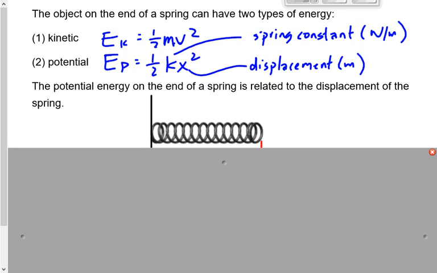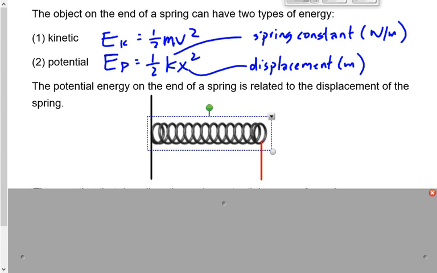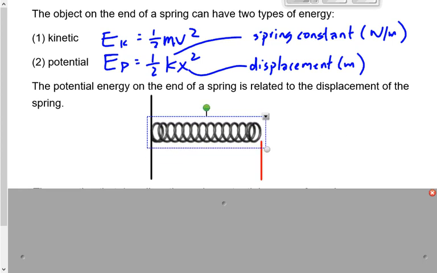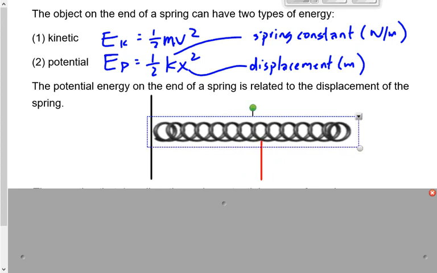Now, let's take a look at that little diagram we have of that spring vibrating back and forth again for a second here. You see this sentence that says the potential energy is related to the displacement of the spring. Of course it is. The equation is 1/2 kx squared. Right now, the potential energy of this spring is 0. When I stretch it a little bit, x is bigger. The potential energy is bigger. As I stretch it more, the potential energy is even bigger.